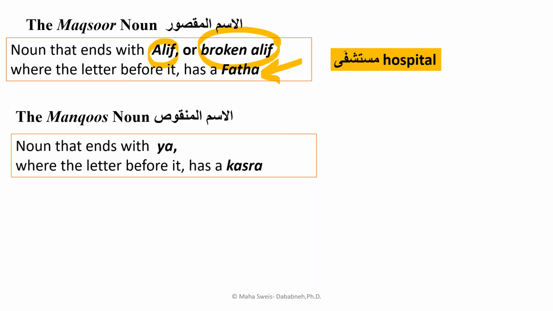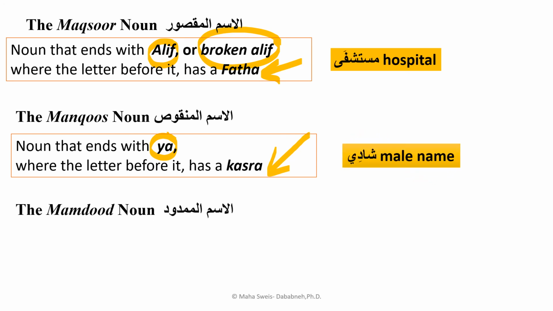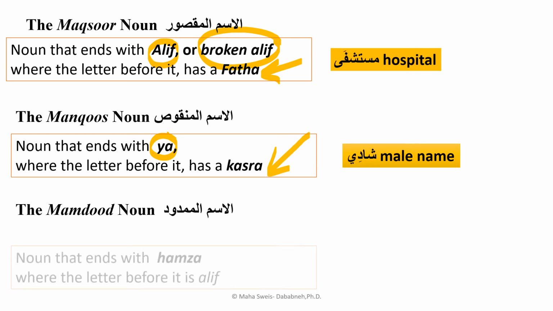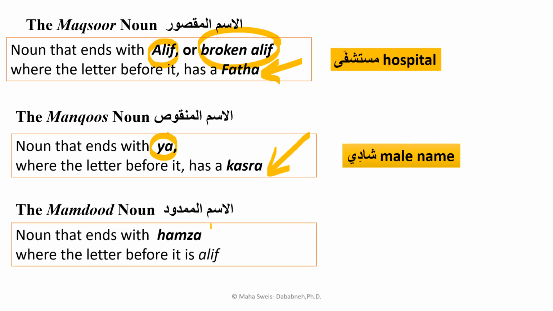Noun that ends with يا and we need كسرة preceded. شادي. الاسم الممدود is what? Is noun that ends with همزة preceded by ألف. سماء. Keep practicing.